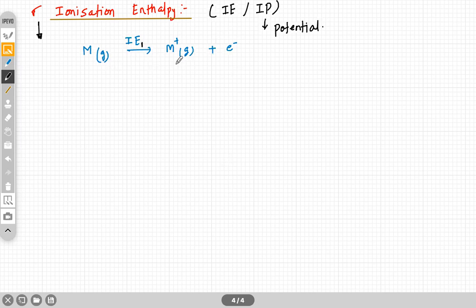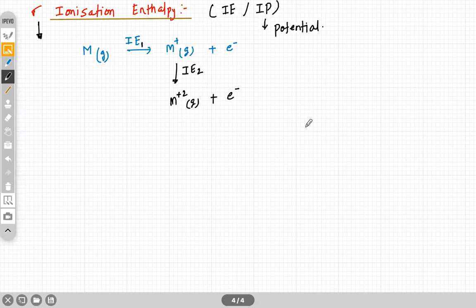Similarly, you remove the second electron from M plus, you provide IE2, and it converts into M 2 plus gas plus one more electron.